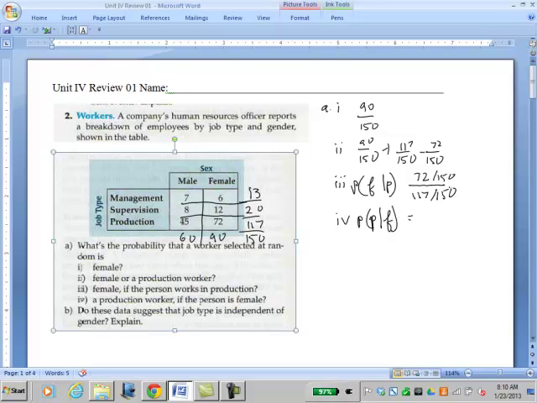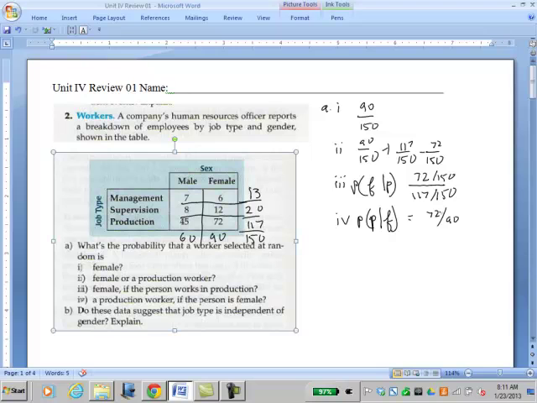So given you're female, that's going to be 90 and 72. Any questions? These are the ones you don't want to get wrong. It's just working the margins on your tables, figuring out which is the given. The given is always the denominator.